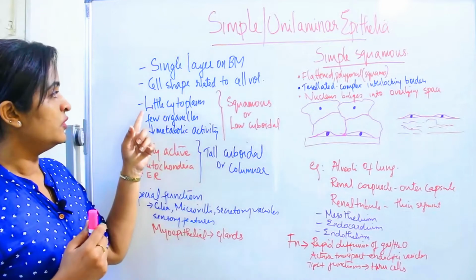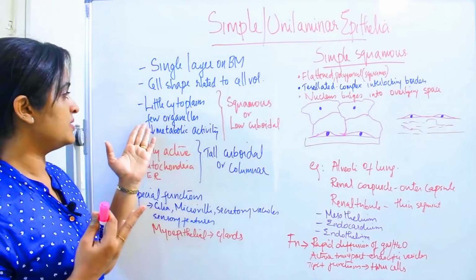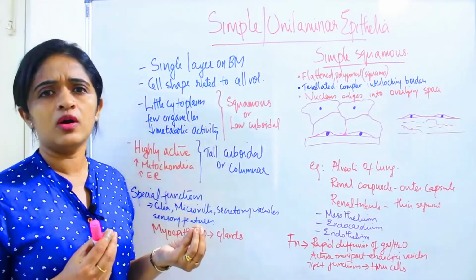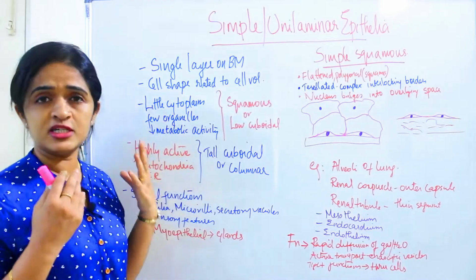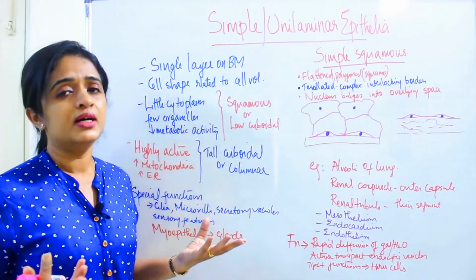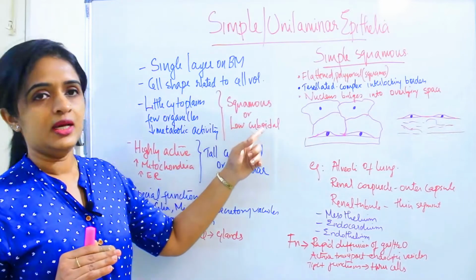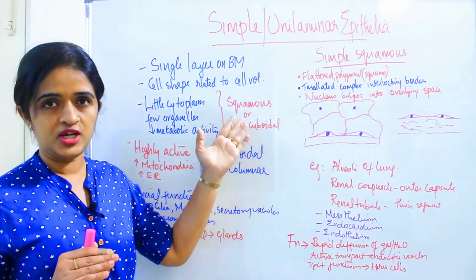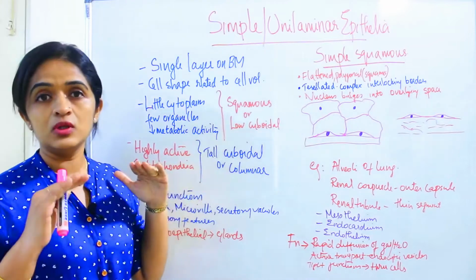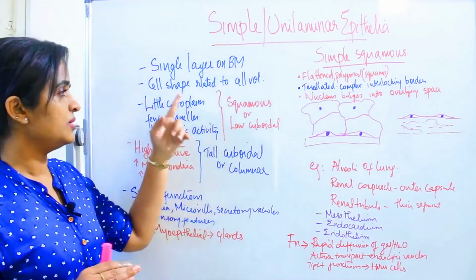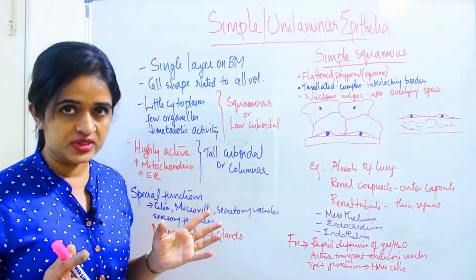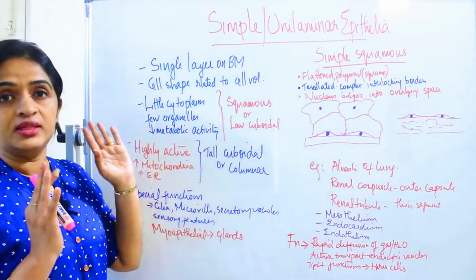Like if you need little cytoplasm, and if you have very few organelles, and if the metabolic activity of the cells is limited or at a low level, then the epithelium will be of the shape squamous or sometimes low cuboidal. So that is how you get the shape of the cell. It depends upon the cell volume.